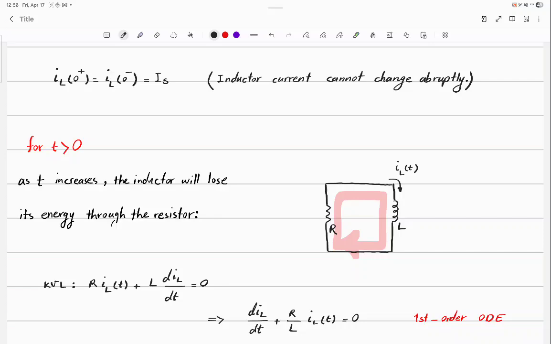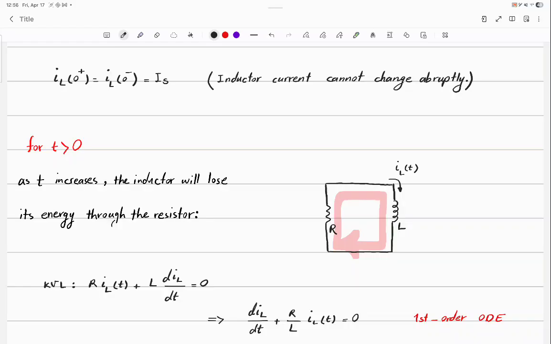Is there any way that something is pushed into the circuit? Okay, if there was some voltage source or some current source connected to the circuit at t equals infinity, yes, it will be possible. But in this case, is it? No, that's why we call it natural response, right?